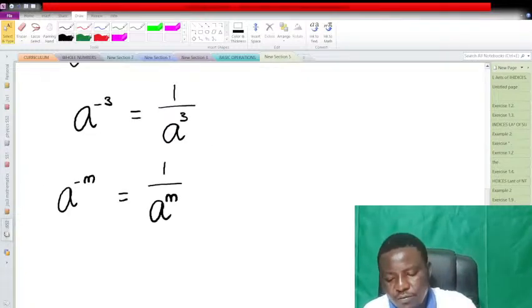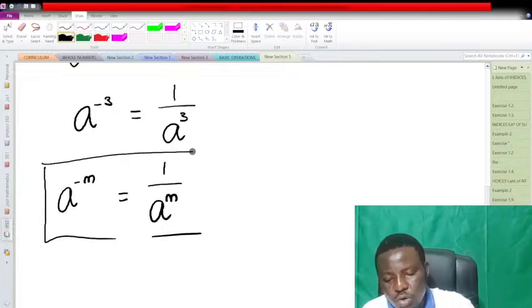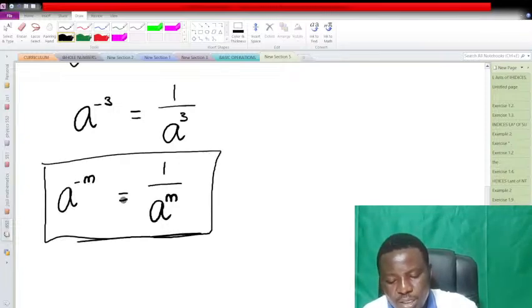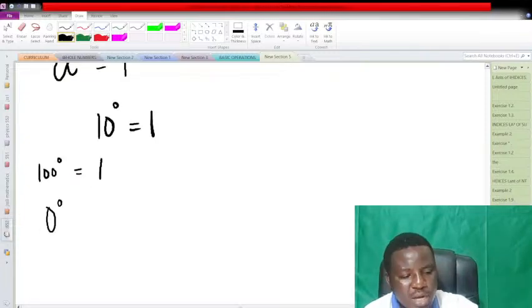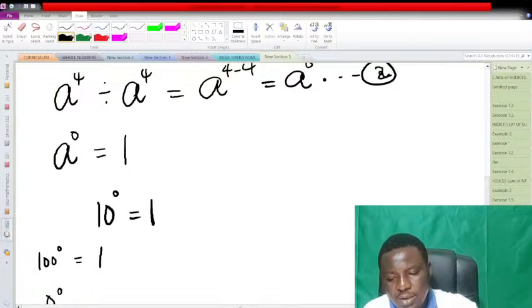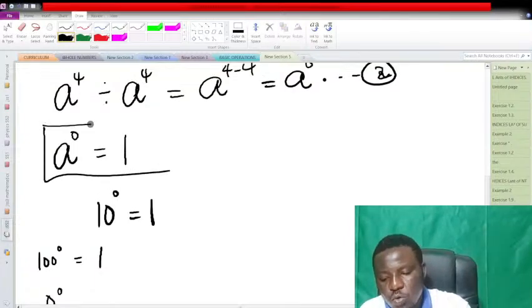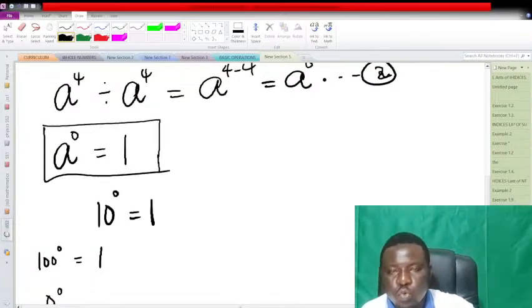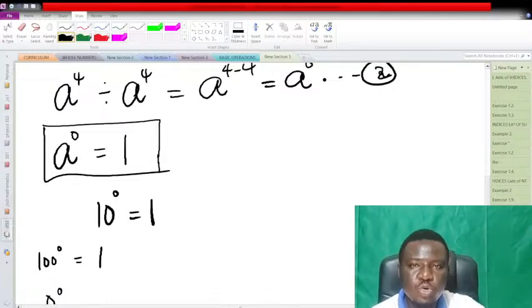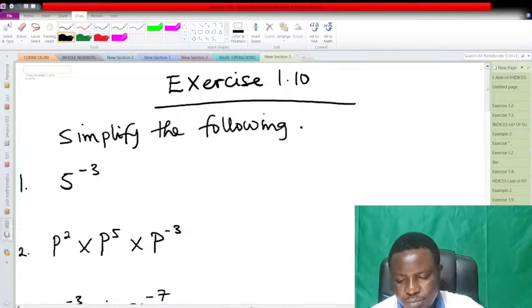What the negative law is all about is that a raised to the power of negative m is equal to 1 over a raised to the power of m, which I just proved to you, as well as the zero law, which says that a raised to the power of 0 is equal to 1. So we shall use these two laws in simplifying the exercises I just gave.